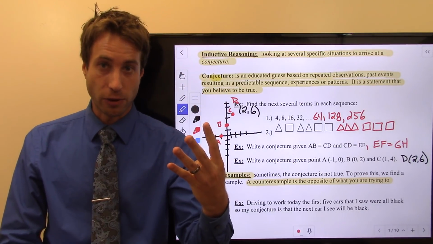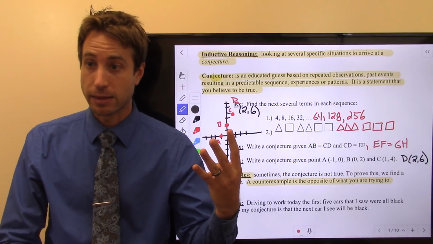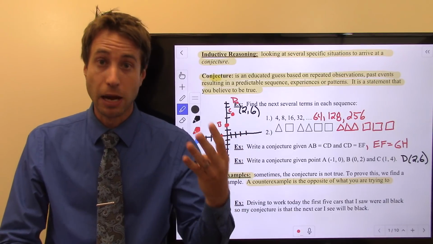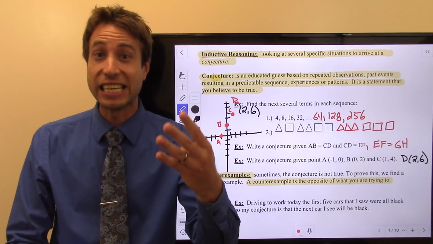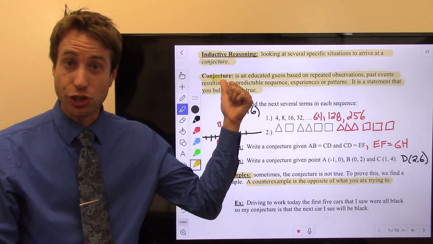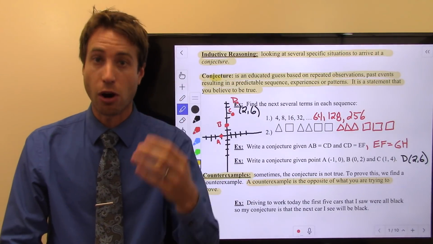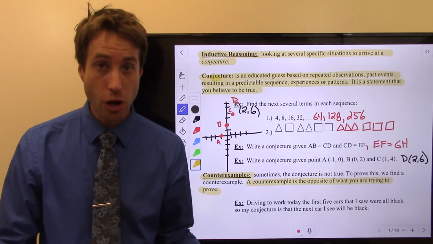But is that a true or false statement? It depends. The 4th car I see could be black. It could be. But if the next car I see is red, then my conjecture is false based on the counterexample. The 4th car I saw was red, not black.